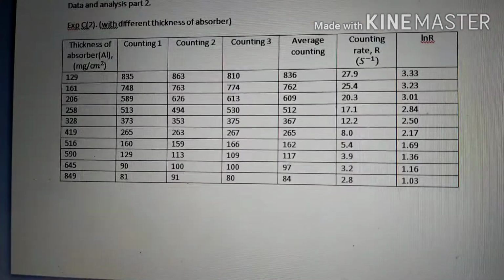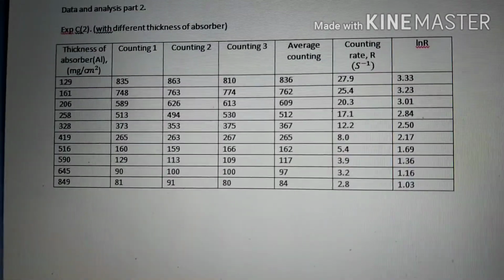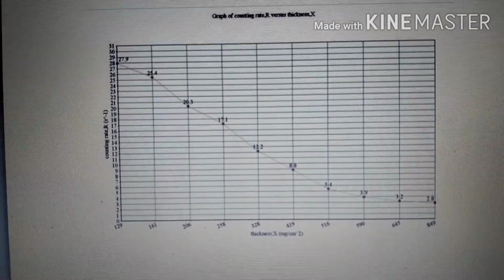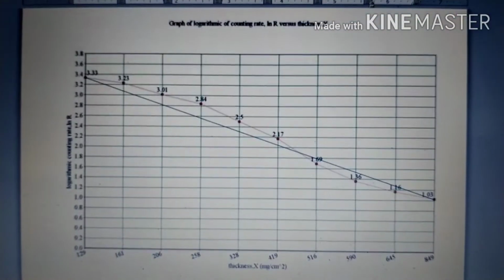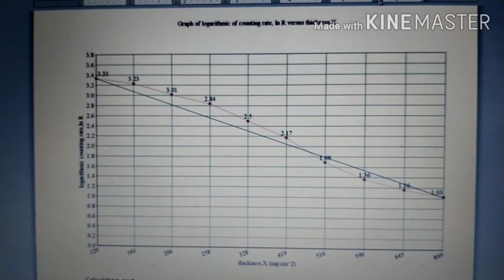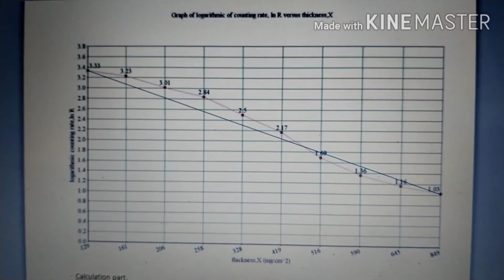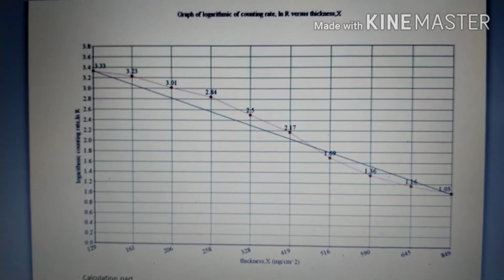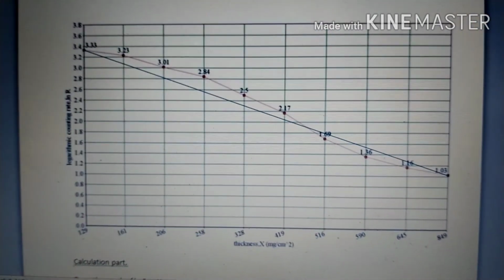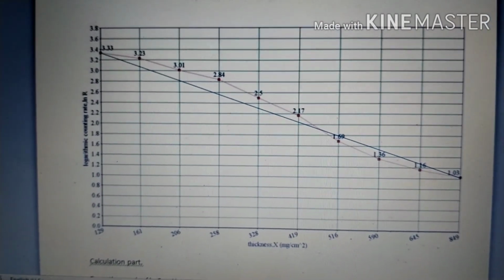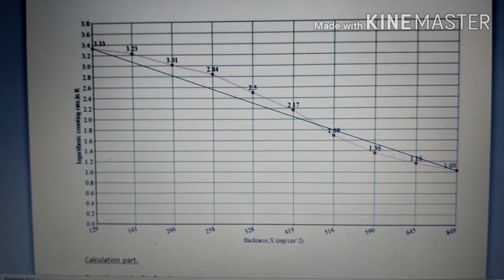After we get the counting rate, we have to find the ln R, and then we plot a graph of counting rate versus the thickness, and another graph of the logarithm of counting rate, ln R, versus the thickness. And then we have to make a straight line to find the gradient.